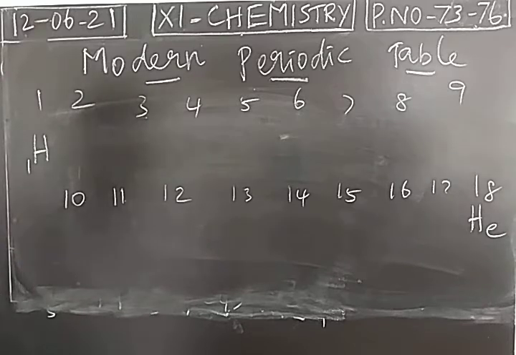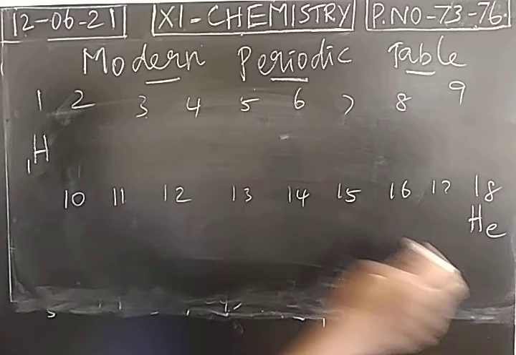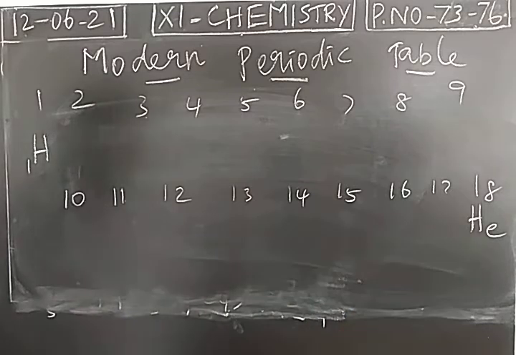Elements in a group will have similar properties, and we can say the outermost configuration will be the same. So the first element, then the second element, helium, with atomic number 2. Like that we have to arrange.